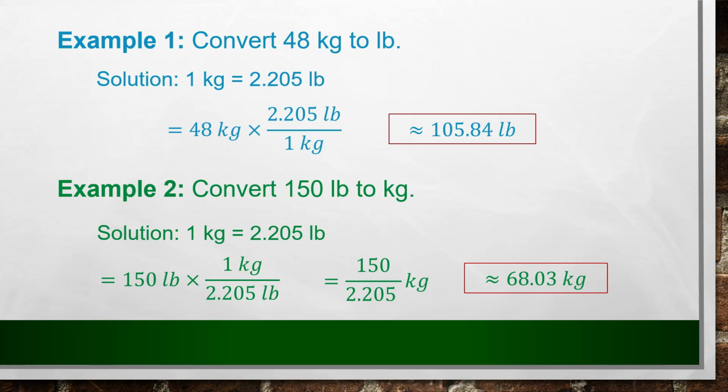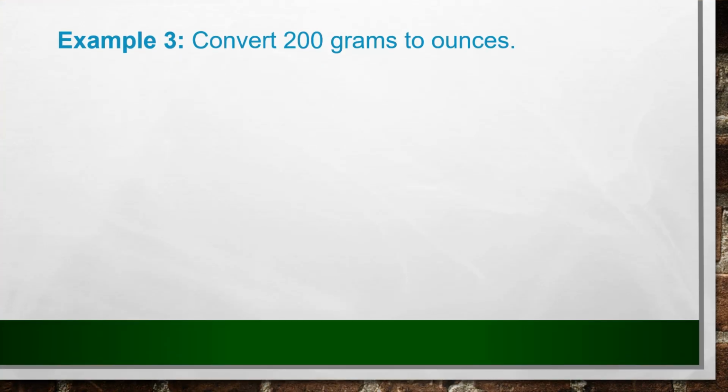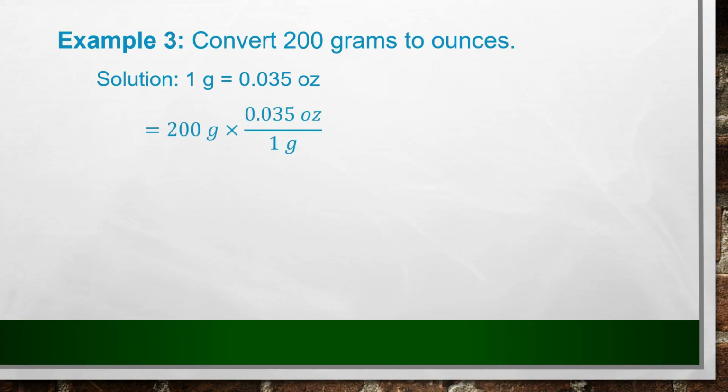Okay, let's go to the next one. We have 200 grams to ounces. This is the equivalent we need to remember. And since it's grams to ounces and 1 gram is equivalent to 0.035 ounces, we will just multiply the two. So 200 grams times 0.035, and that's going to give us 7 ounces.